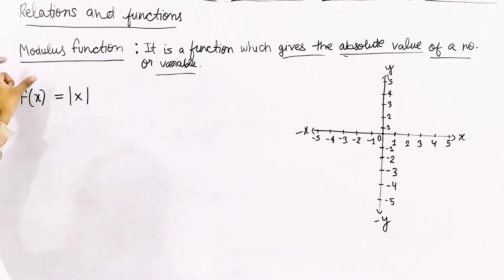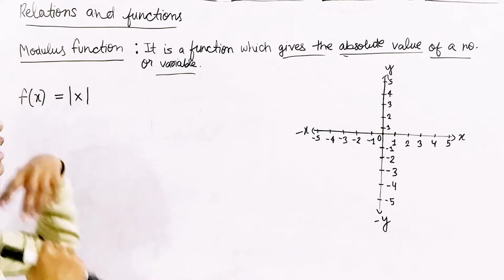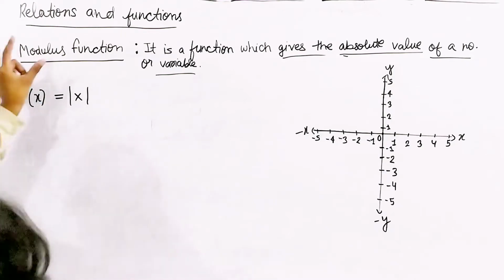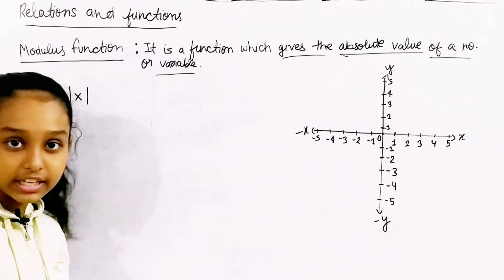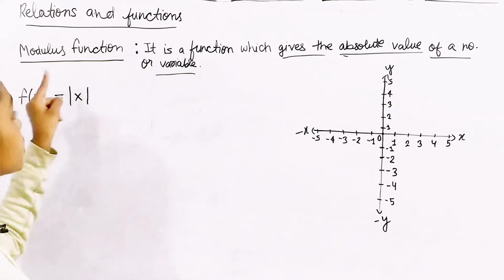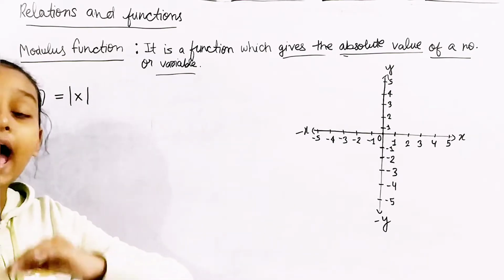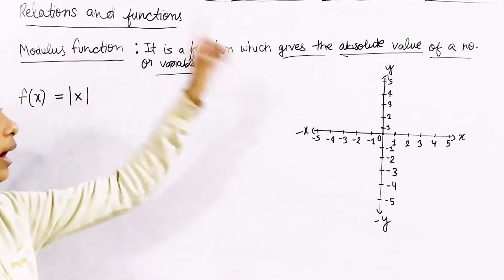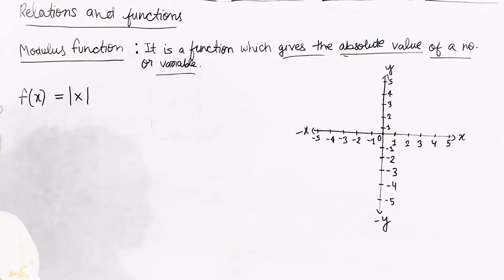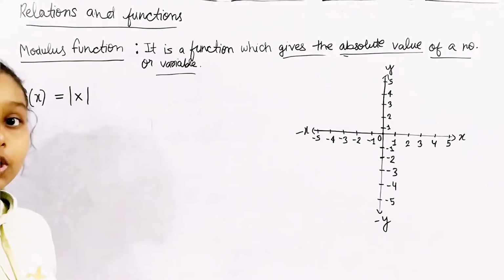Now I think this topic will be clear to us. Modulus function is a function which is going to give the absolute value of a number or variable, as we're using a variable.